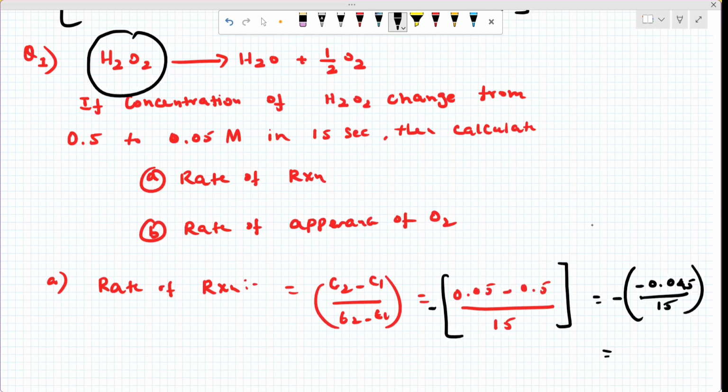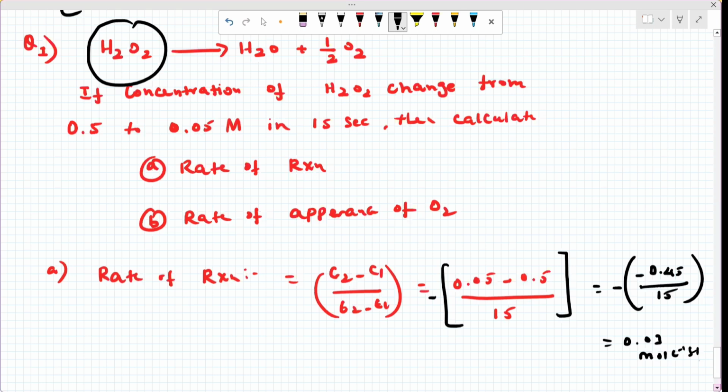What is the answer? 0.03 mole per liter per second, that is mol L inverse s inverse.